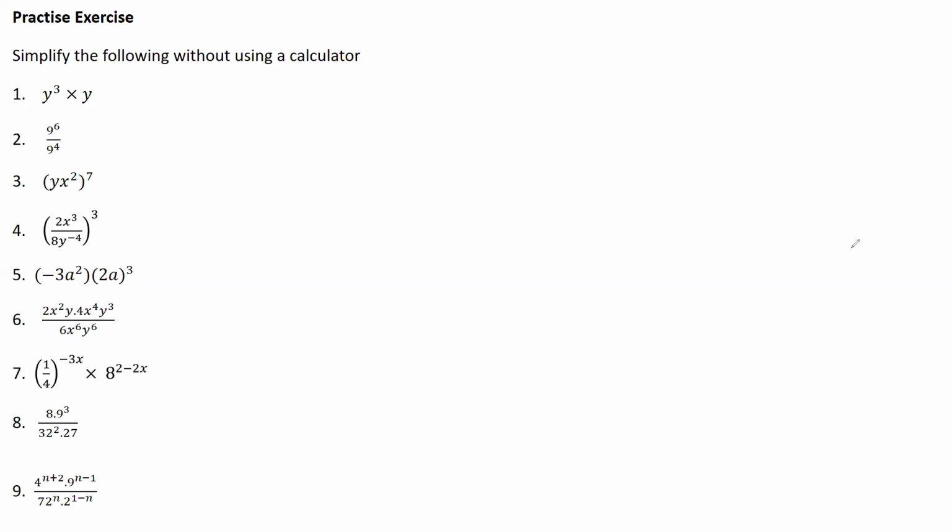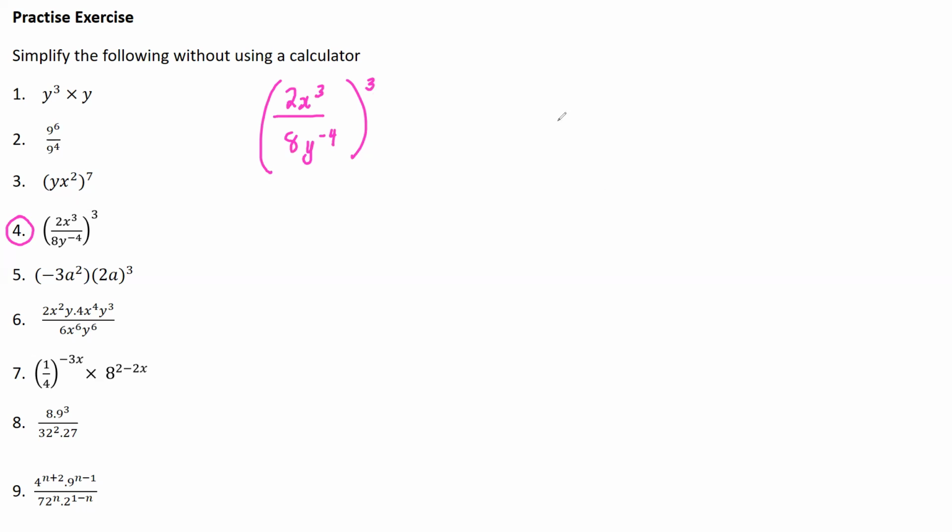I'll pick a couple of questions so that we can have some fun here. Let me just start quickly with question number 4. It says 2x cubed over 8y to the power negative 4, all of this to the power of 3.